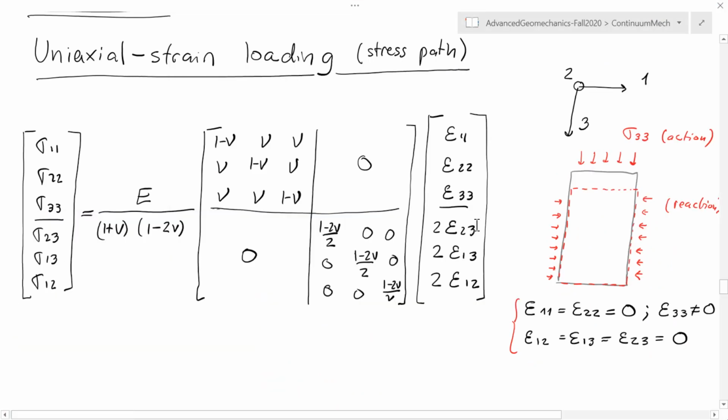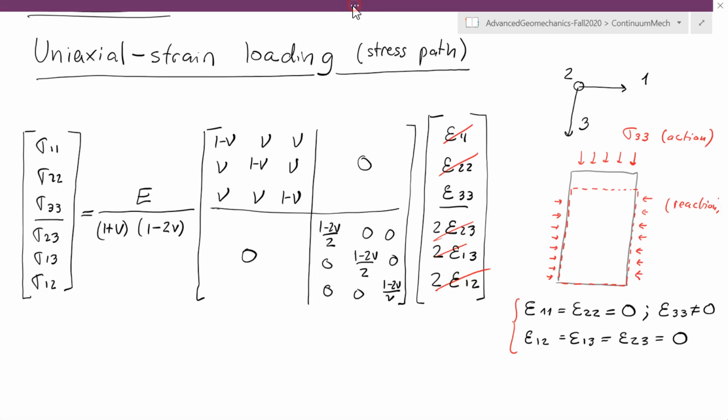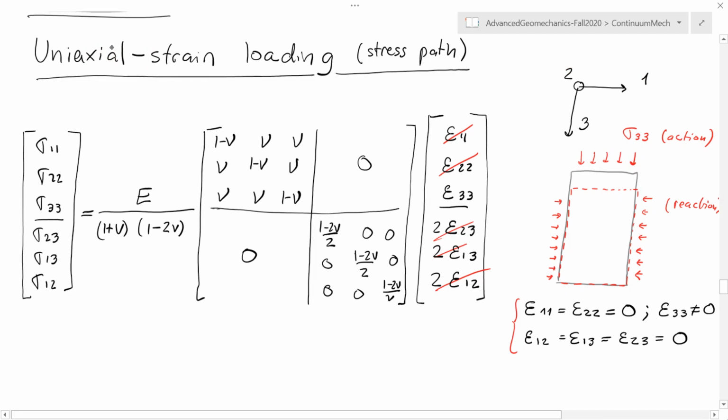Okay, so coming back to here, then we're going to apply these conditions on our relationship between stress and strain in order to calculate the relationship between those. And here, epsilon 1 is going to be equal to 0, epsilon 2 as well. The shear strains are equal to 0. And the first thing I'm going to do here is to calculate what is going to be the relationship between the vertical stress and the vertical strain.